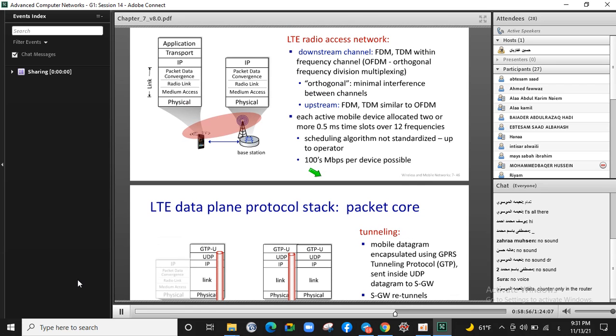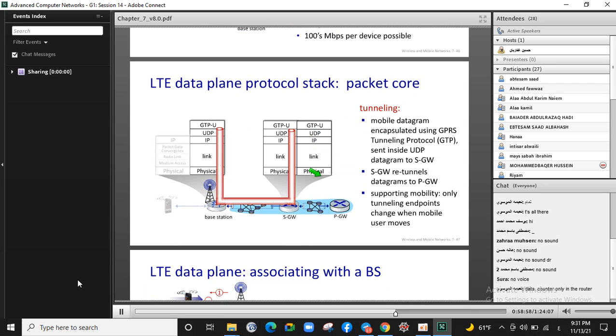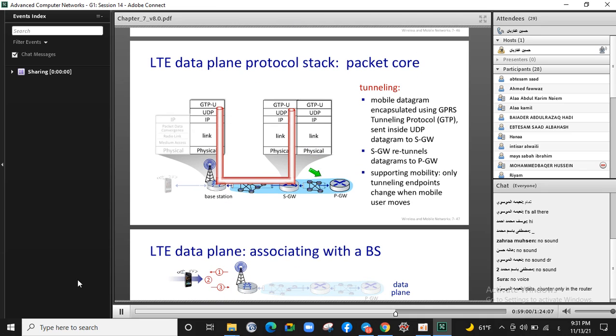Okay, and here you can see the other side of the cellular technology. We talked about this part, the wireless access network, and now, after the wireless access network, I should send information toward the core to make a decision.